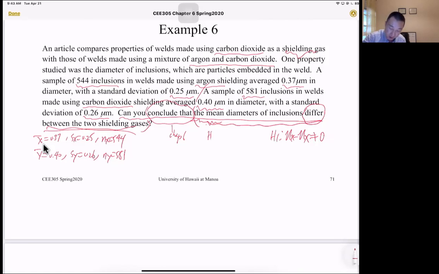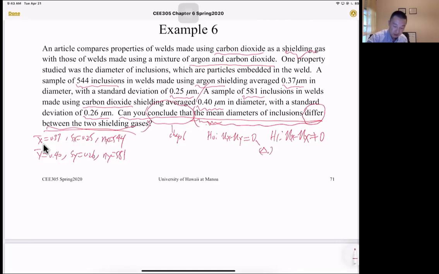And also, because the equality always goes to H0, H0 will be mu x minus mu y equal to 0. So here 0 will be the delta in the equation.